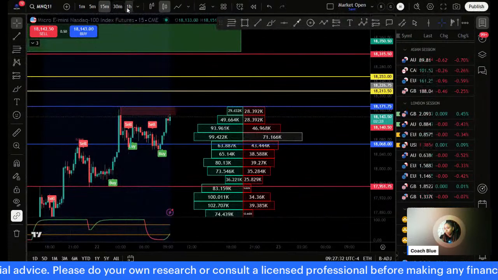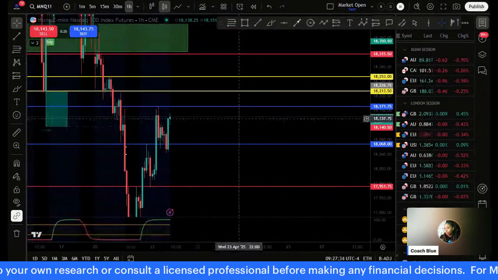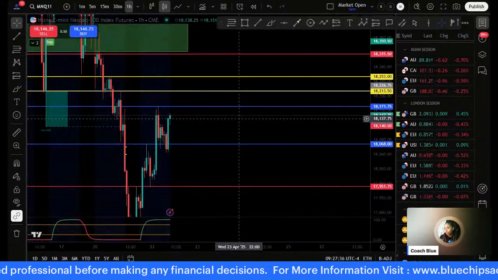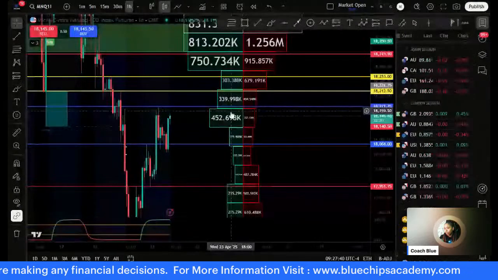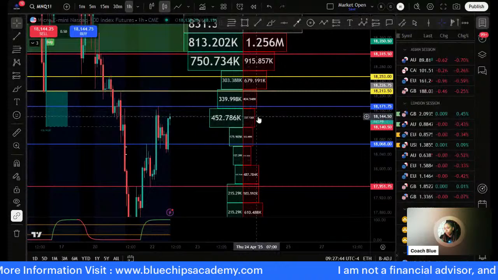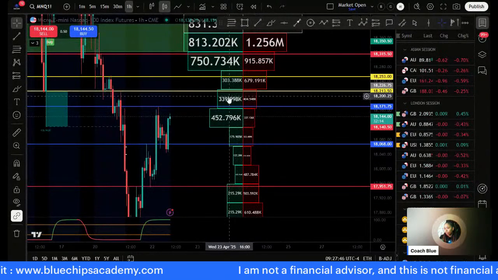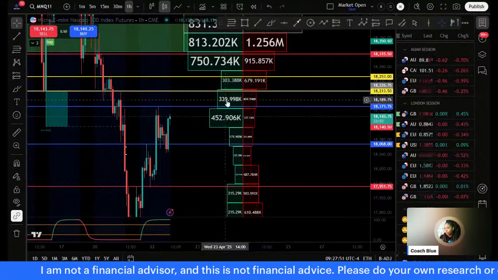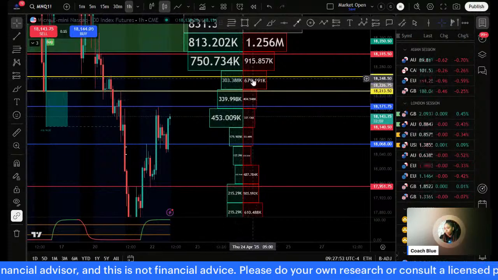Let's go to the higher time frame and go to the 1 hour, and we can see what's going on here. We have 452,000 buys here versus 337,000. But when we get to this area here, there's actually more sells than buys, 404 versus 339. And then there's more sells here.